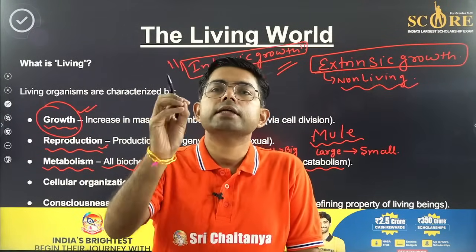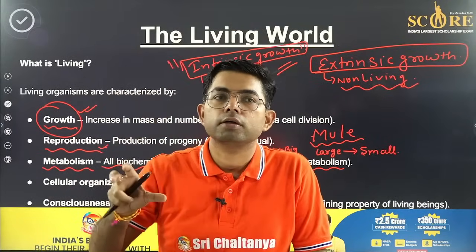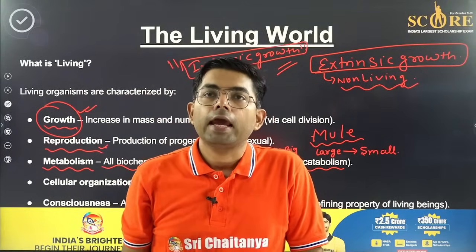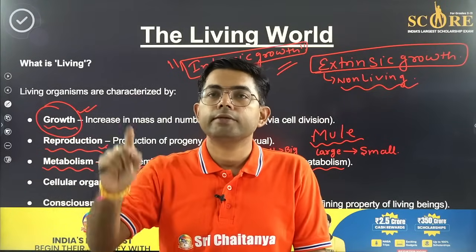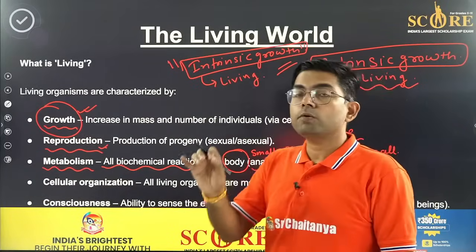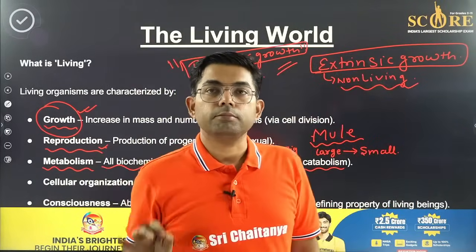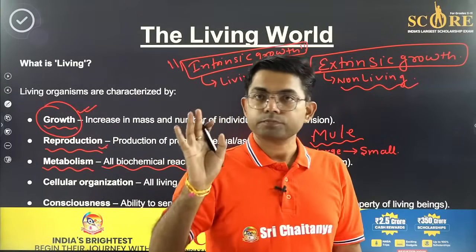So these are examples of catabolism. Cata means cut. Cut means large into small. Anabolism is the formation of large molecules. All together it forms metabolism. Now, metabolism is shown by all living organisms.